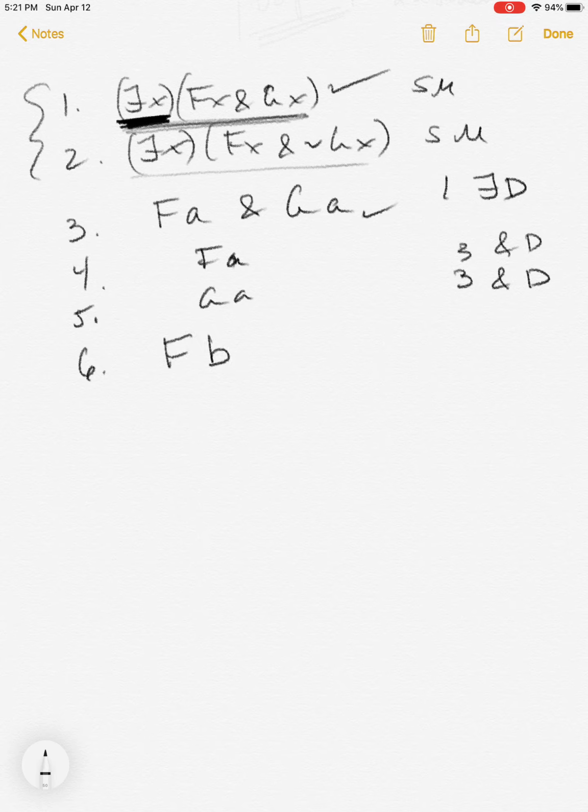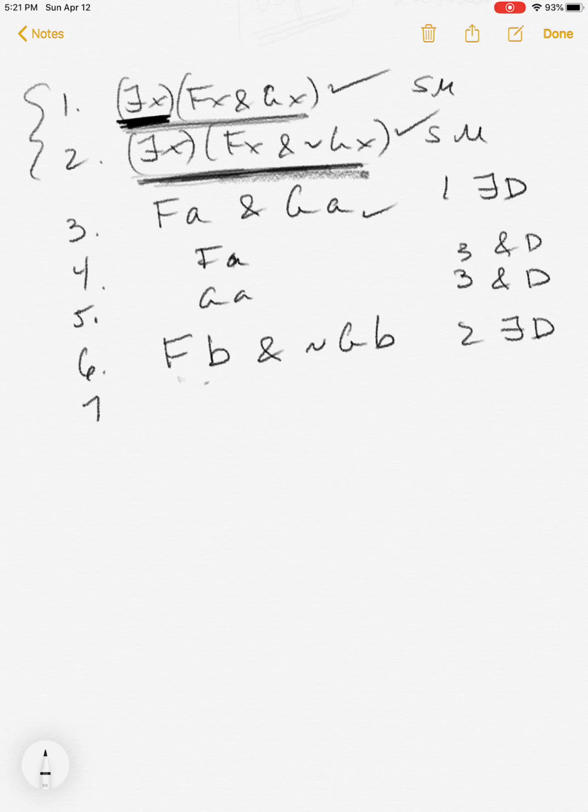And now I'm going to choose a new name, B. There's something that's F but not G. I'm going to call it B. B is going to name the guy in the interpretation, the guy who's F and not G. And I get that from 2 by existential decomposition. And that's kosher, right? I used a new name. No violation of the restriction.